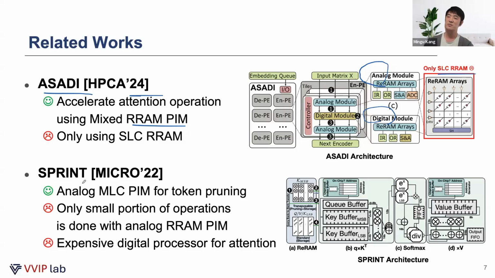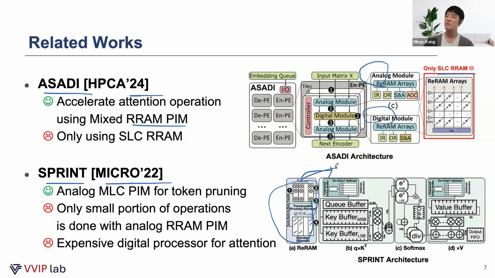Another approach is the Sprint. Actually, this is from our own group's publication, MICRO 2022. What we did was, inside the memory, even before reading the data, we know which data is important or not. So which token, which word is a keyword, which word is garbage. So we know that.